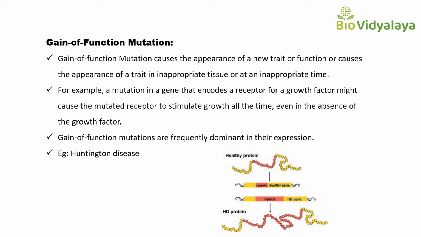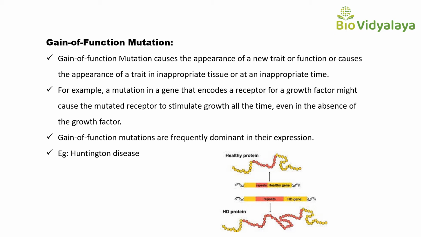Next is gain of function mutation. Gain of function mutation causes the appearance of a new trait or function, or causes the appearance of a trait in inappropriate tissue or at an inappropriate time.